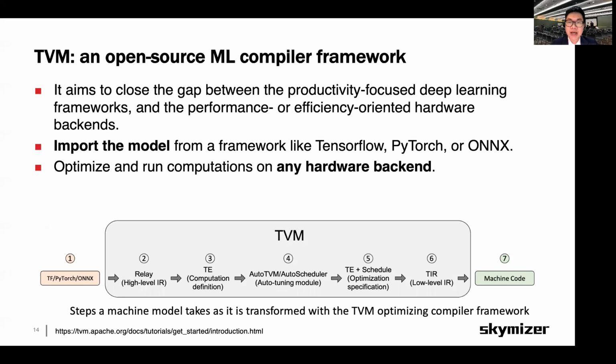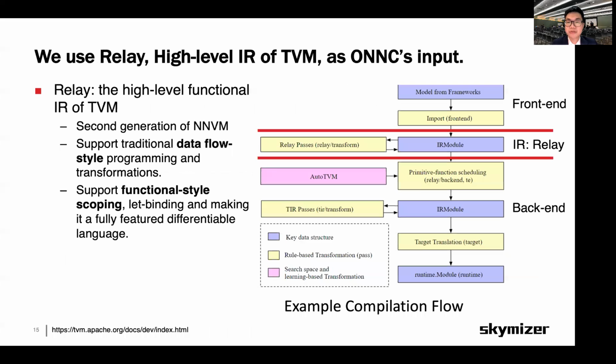Users can train their model in TVM, and use the model generated by TVM to compile it and get machine code from TVM. So for us, we want to use TVM's front end, but we want to use our ONNC as a backend. So we use Relay, the high-level IR of TVM, as ONNC's input.